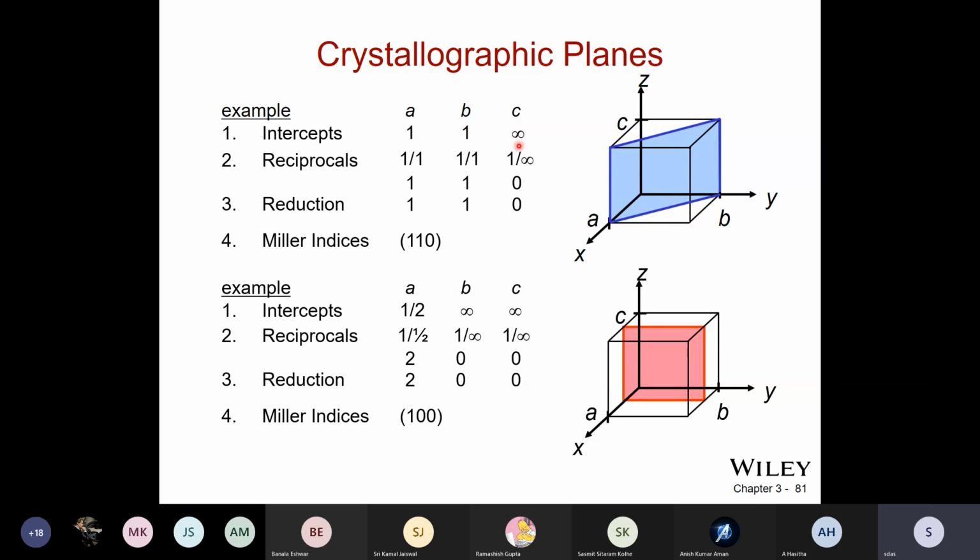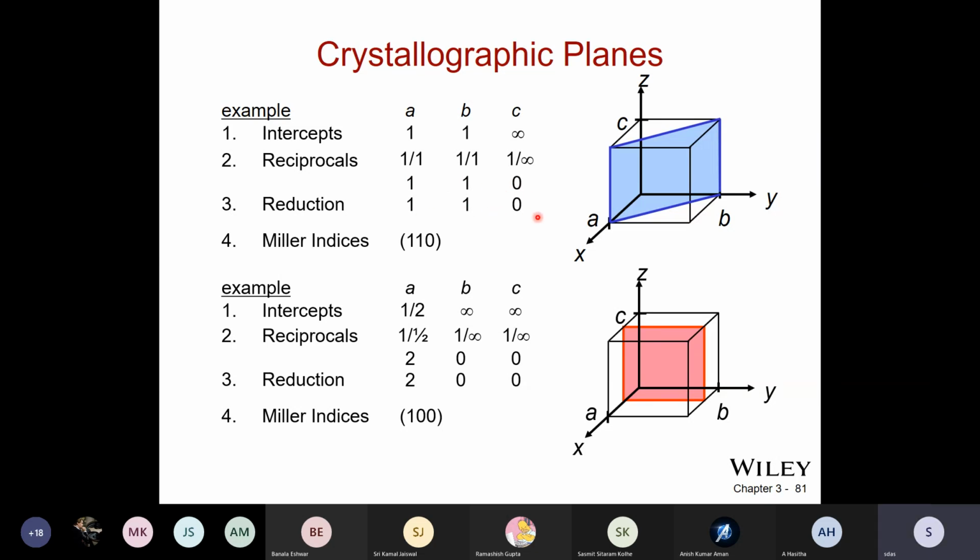To avoid handling infinity, you take a reciprocal of the intercepts. In cube, I showed you this is unit length, this is unit length, this is unit length. But if it is a tetragonal, the vertical axis is longer, that is also a unit length. Assume it. So if I take the reciprocal of 1, 1 and infinity, it becomes 1, 1, 0.